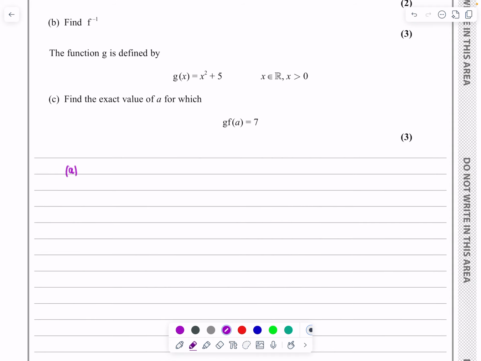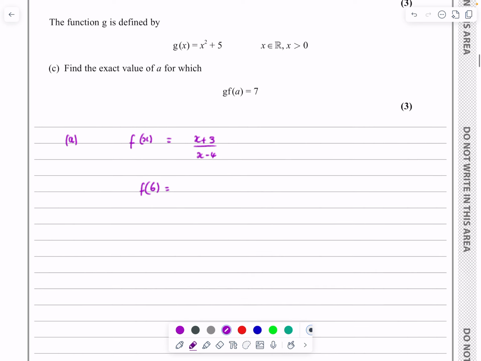So f(6). f(x) was equal to (x + 3)/(x - 4). So f(6), which is not quite what we want, but it's getting there, will be (6 + 3)/(6 - 4).